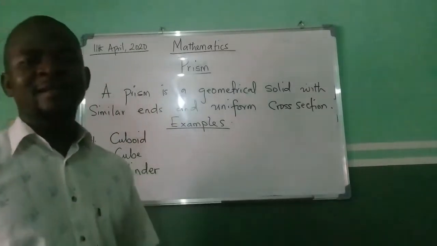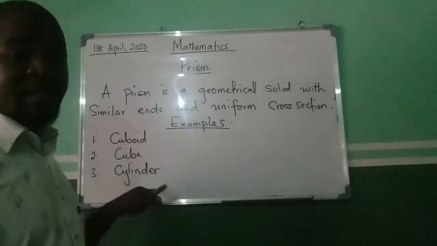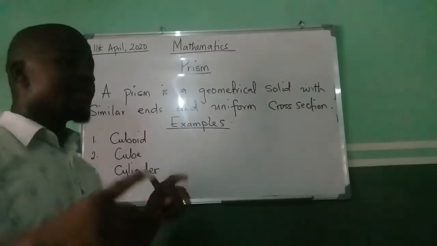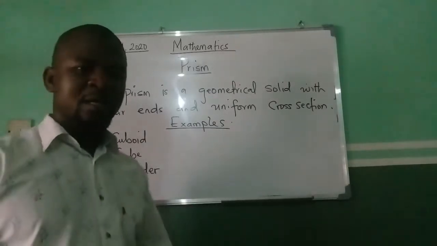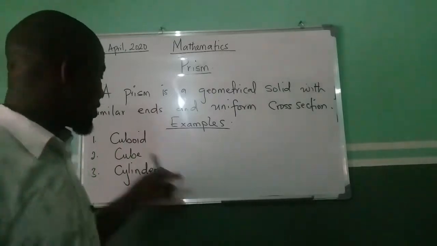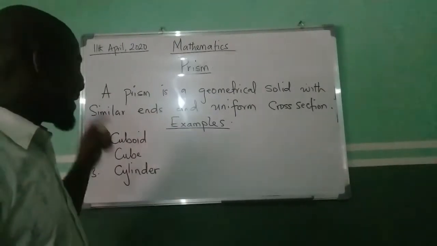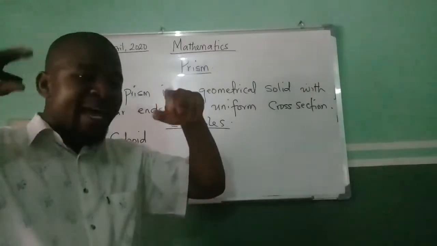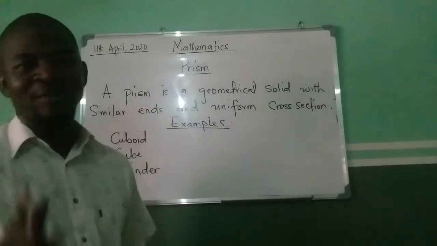If the two ends are circular in shape, it becomes a cylinder, right? If it is rectangular in shape, that gives us what? A rectangular prism. The shape of the ends is what determines the name of the prism.